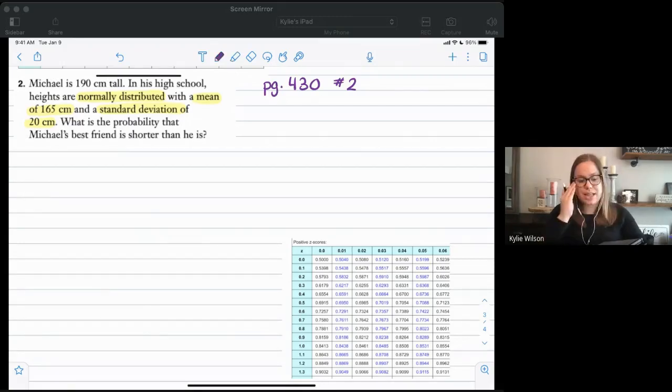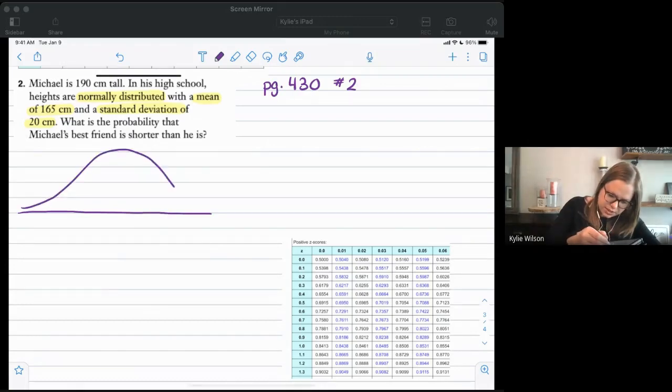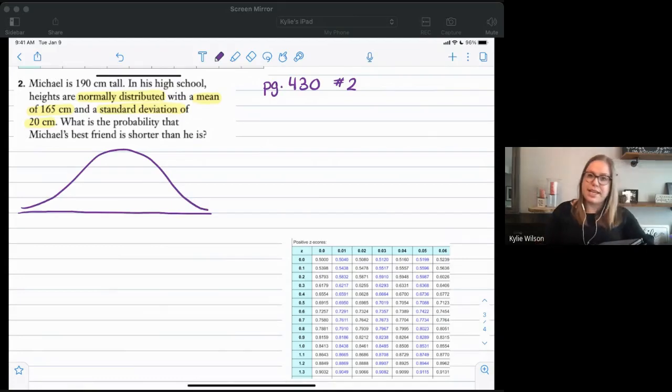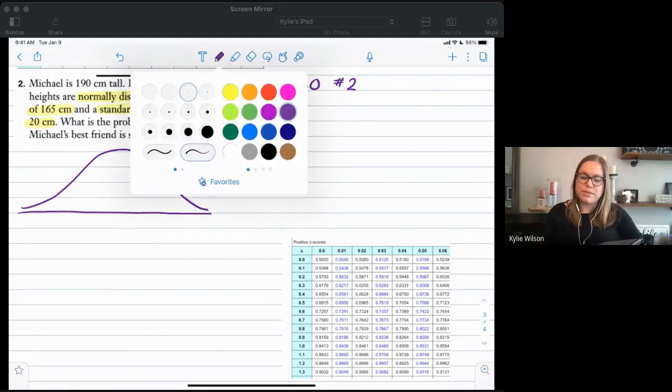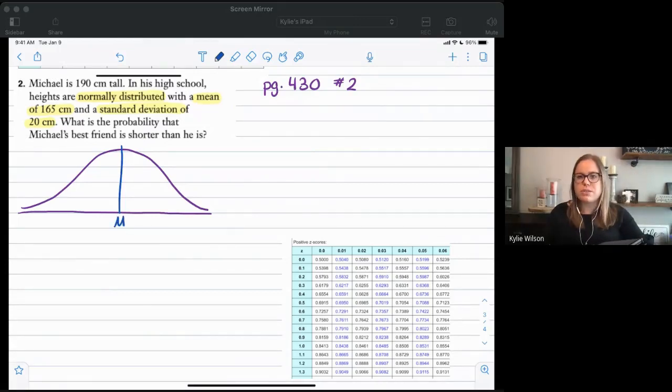So the first thing that I'm going to do is draw my normal distribution. These are going to be your steps for all of your questions. So the first thing I'm going to do is draw my normal distribution like that. And then I'm just going to mark out the intervals. Now, once you get comfortable with this stuff, you may not need to mark out all the intervals, but this is a really good method for when you're learning.